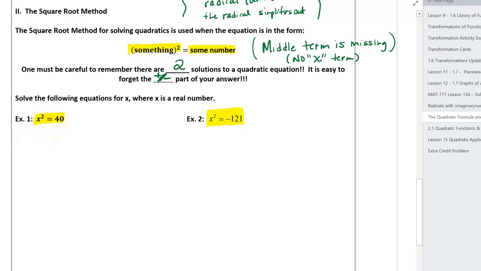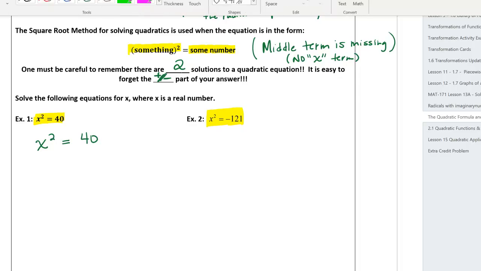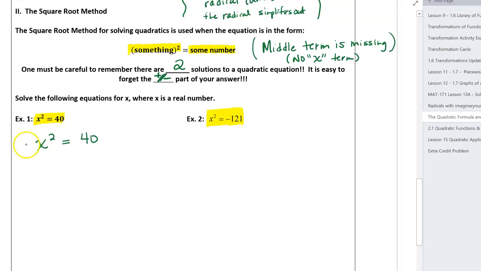So in that case, what you can do is take the square root of both sides to solve this. So I'm going to take the square root of x squared, but if I do that to the left, I also have to do that to the right.